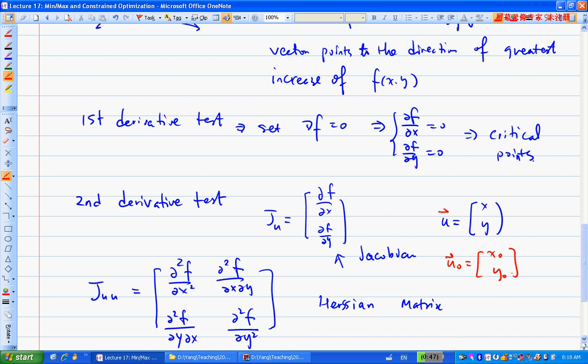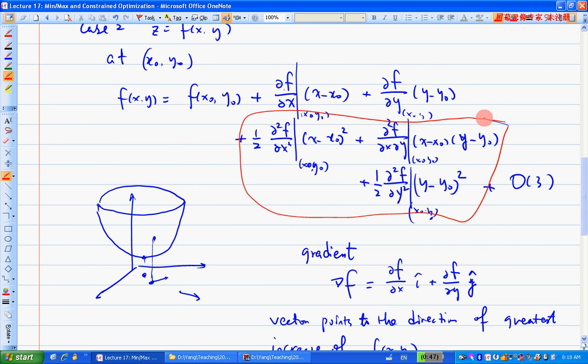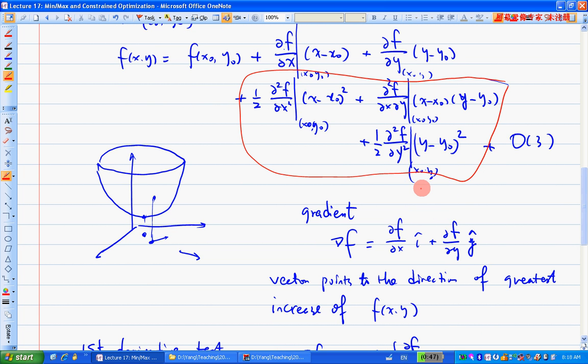Then this whole chunk is equivalent to one half u minus u naught transpose, times the Hessian matrix G_uu, times u minus u naught. It can be rewritten like this in a very compact form.